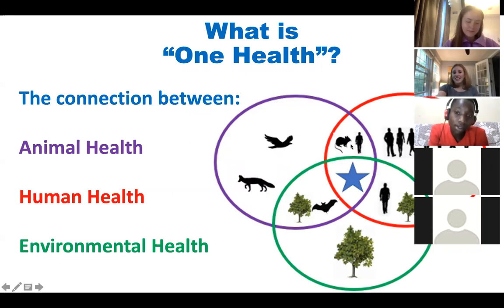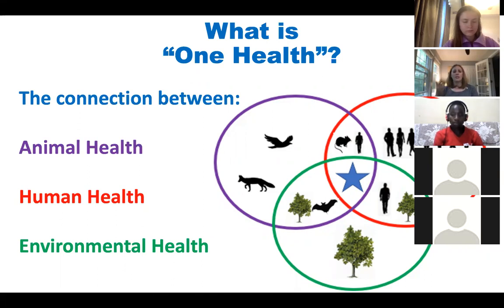Simply from this Venn diagram that you can see, it's the connection. It's this bright blue star in the middle of everything. It's the connection between animal health, human health, and environmental health. And keep in mind, environmental health means your surroundings, right? It could be your outside environment where there are trees and water and clean air.